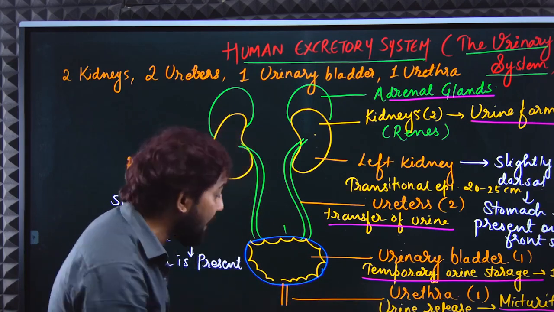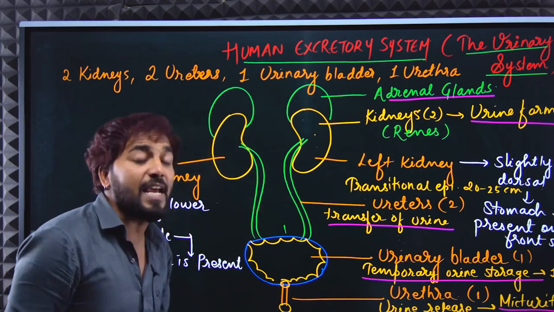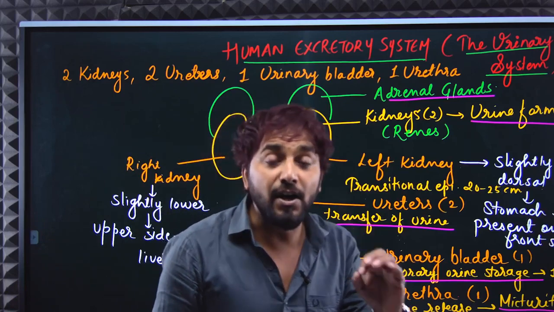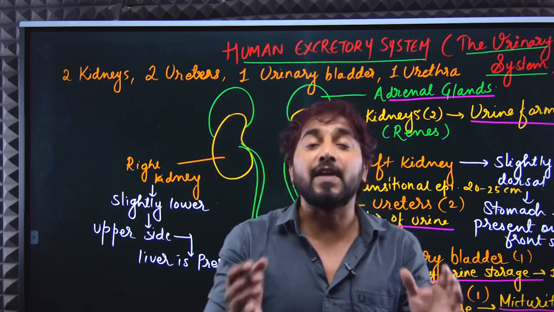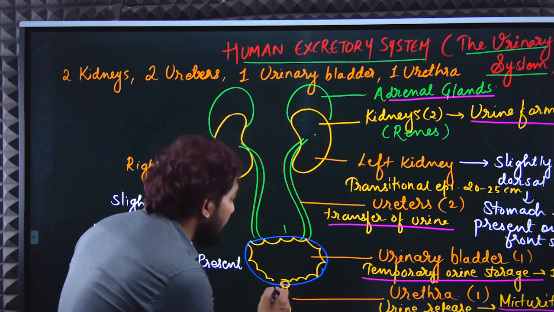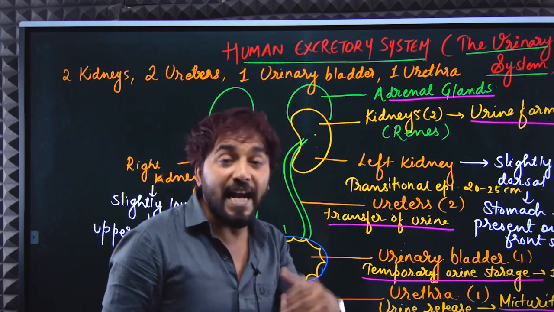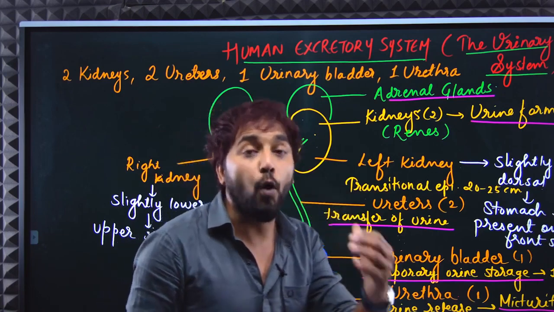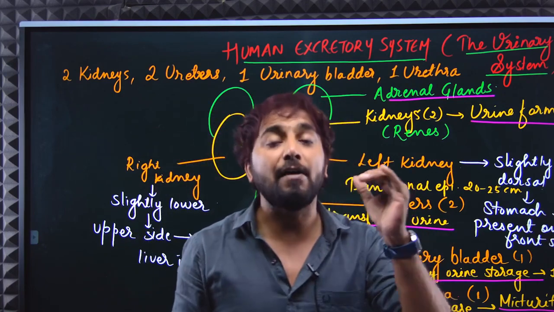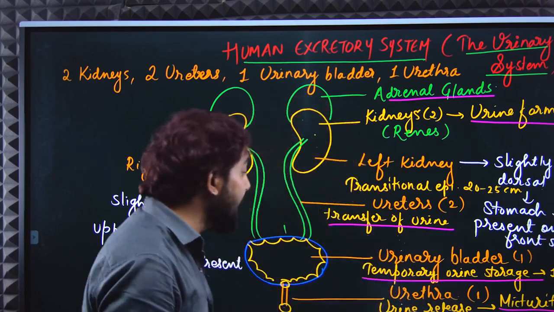When it comes to the urethra, you have an internal sphincter and the external sphincter. Internal sphincter, previously in the infant stage, is involuntary. The external sphincter is involuntary, and later it gets converted into voluntary, and that is why we have our control onto micturition or urination.